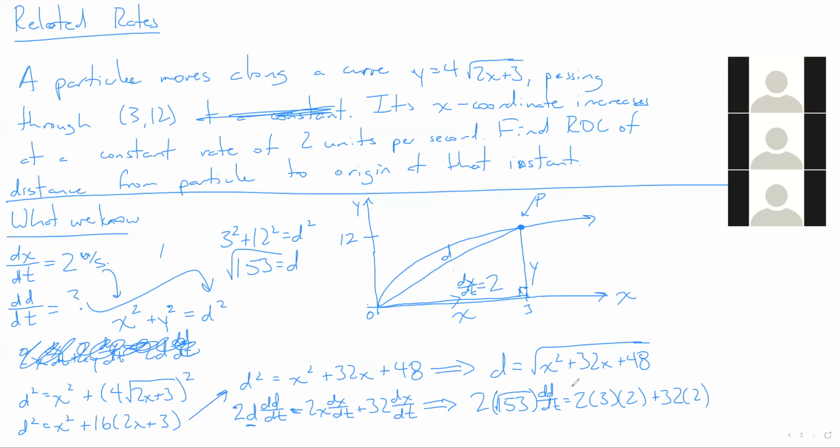So from here, in order for me to solve for this rate, I'm going to divide both sides by 2 radical 153 to isolate dD/dt. The thing that I noticed here is that in the numerator, I can factor out a 2 from this left-hand term and this right-hand term, right?